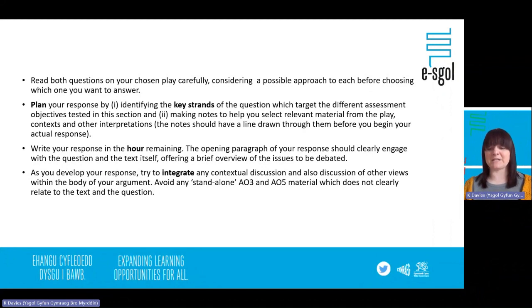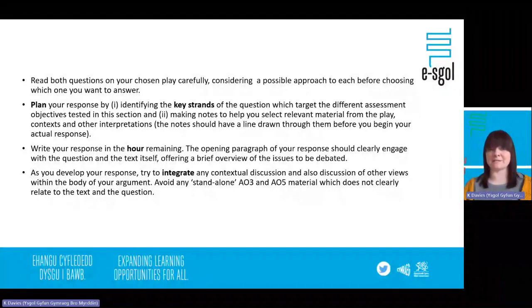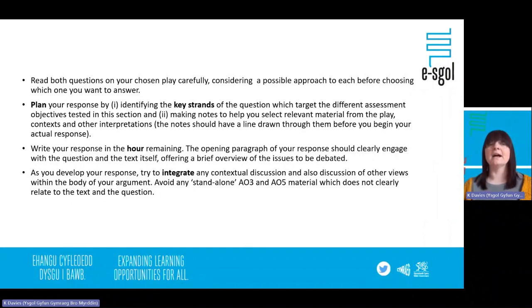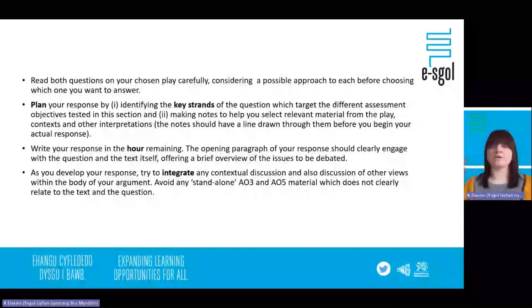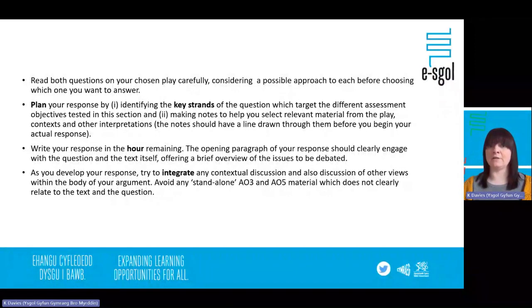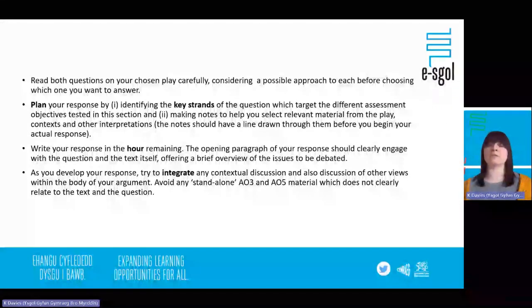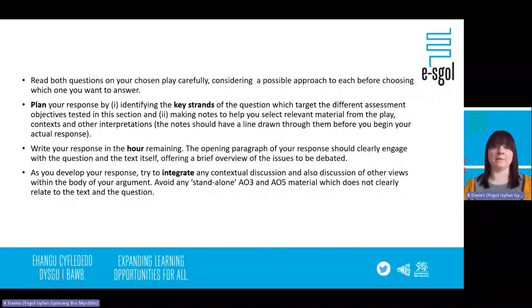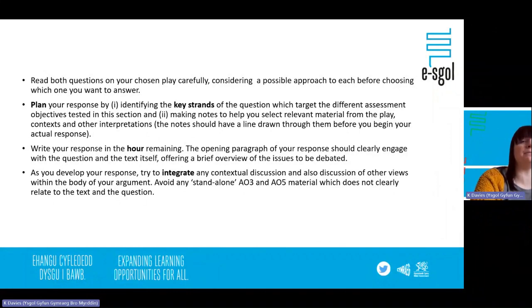So ideally, you want to be spending around 10 to 15 minutes planning here. You write your response in the hour that's remaining. You open your response with an opening paragraph that clearly engages with the question and the text, and you try to give a brief overview of the issues that need to be debated. And this last bullet point is what's really important here.